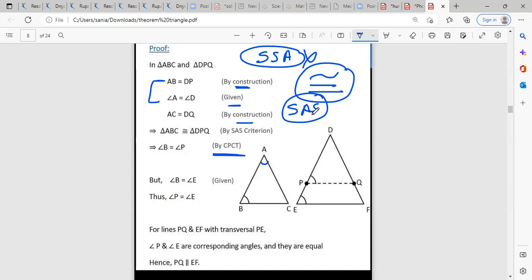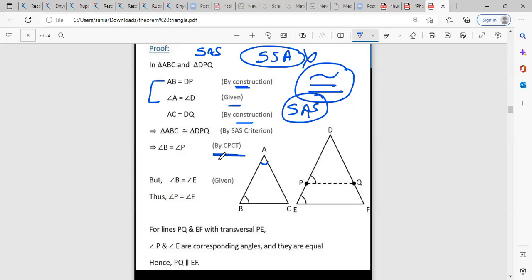You just have to see, you have only three criteria, SAS, AA, and SSS. No matter whether the angle is in between or not, you will only check whether it's an angle or a side, and accordingly you'll apply the formula. The position doesn't matter.